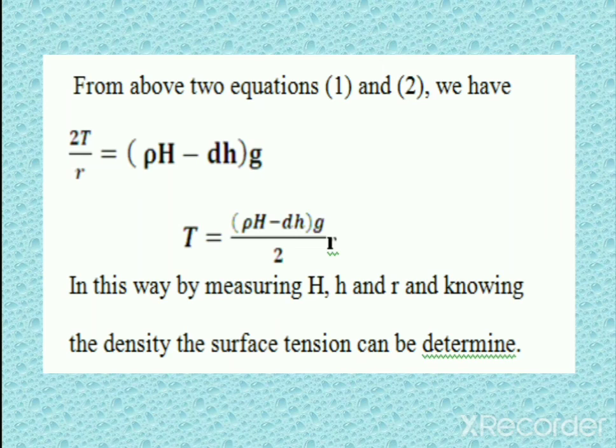In this way, by measuring h, the difference of liquid levels in the manometer tube, H, the depth of the capillary inside the beaker of water, and R, the radius of that capillary, knowing all these values, we can calculate the surface tension by using Jaeger's method.